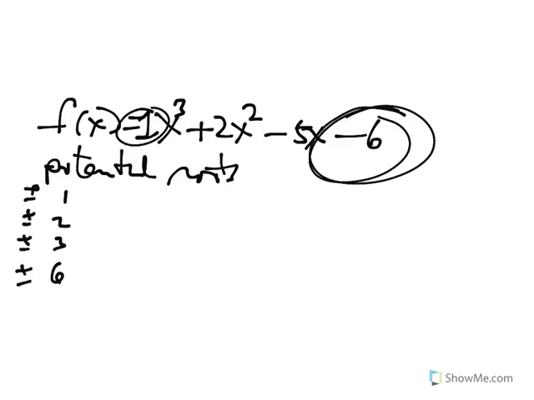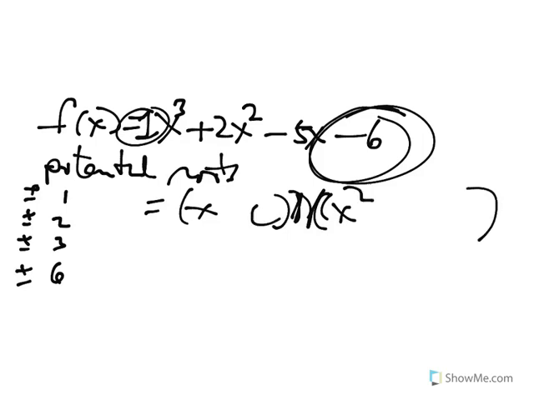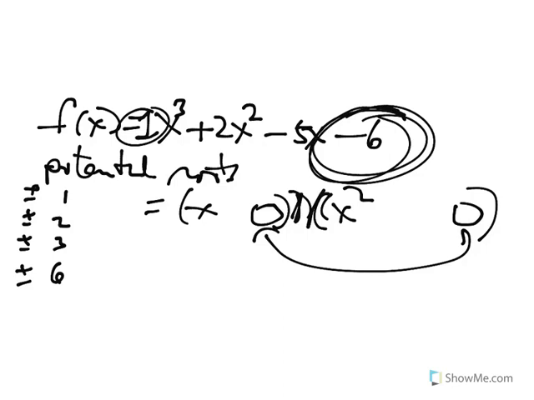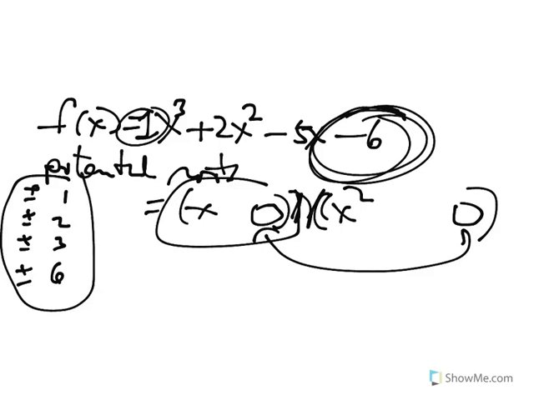So there are 6 potential roots. This is because if I actually was able to factor it, there'd be a constant here and a constant here, and they'd multiply together to become negative 6, and this thing here would tell us the factor, which would tell us the root. So one way of doing this, and this might not have any roots, but it might have up to 3 of these numbers here.